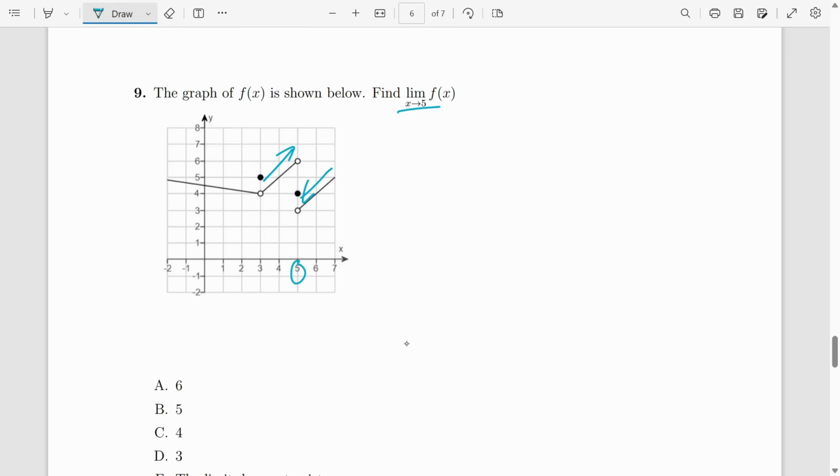B, the regular limit does not exist because both of the one-sided limits are approaching different values. And C, the actual definition at that point isn't equal to either of the one-sided limits. It's equal to 4, while the left-sided limit is approaching 6 and the right-sided limit is approaching 3.